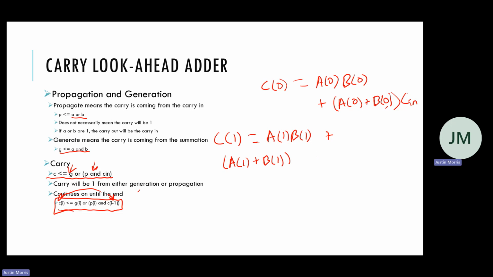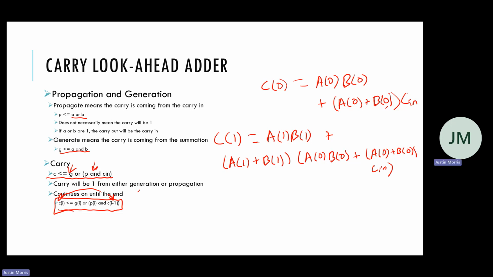And I need to AND it with the entire previous one. So A at 0, B at 0, or A at 0, or B at 0. And I ran out of space here, but C in.